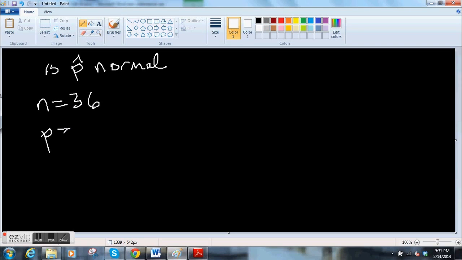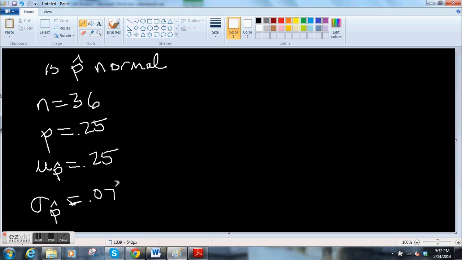We know that the population proportion is 0.25. We just calculated that the mean of p hat is equal to 0.25, and the standard deviation is equal to 0.0722.